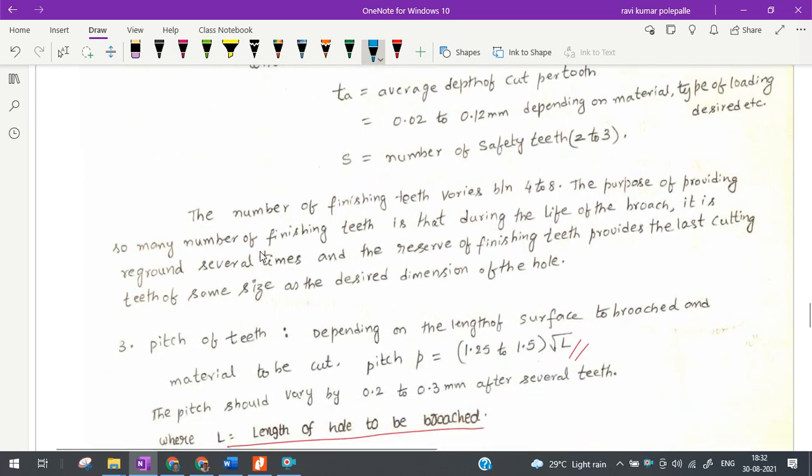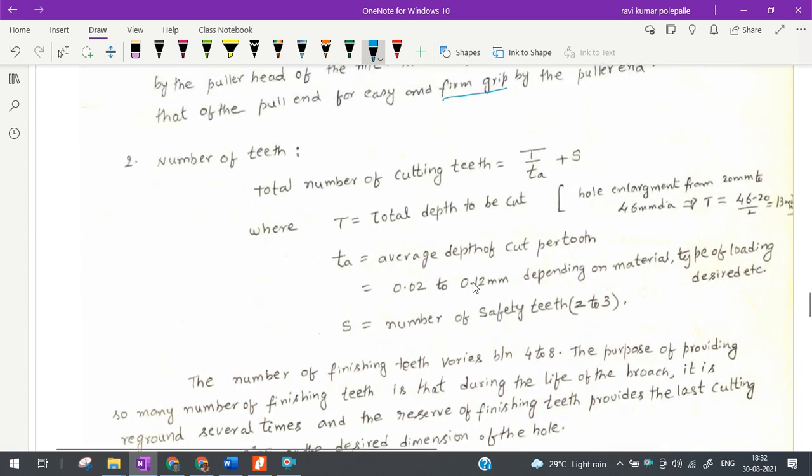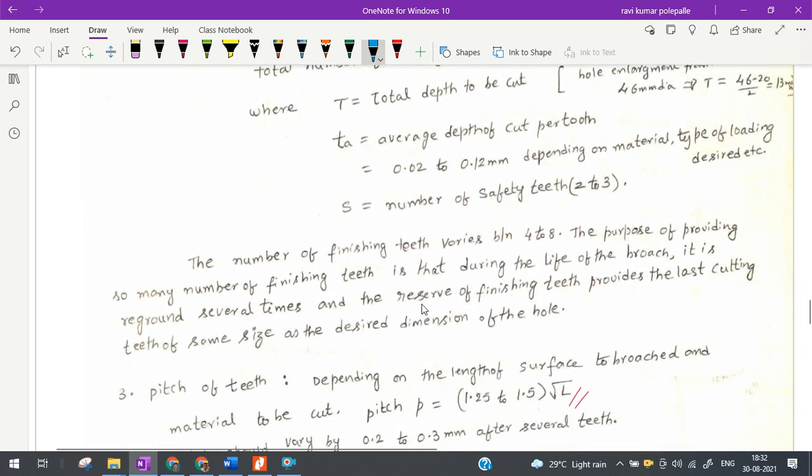The purpose of providing so many finishing teeth, it is that during the life of the broach, it is reground several times, and the reserve of the finishing teeth provides a last cutting teeth of same size as the desired dimension. That means when we go on use the broach, we find that it will wear out. On account of its wearing out, we should see that we regrind it.